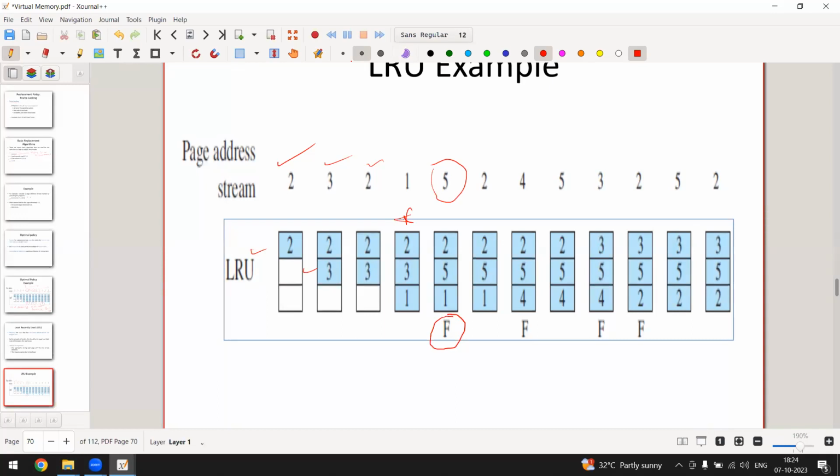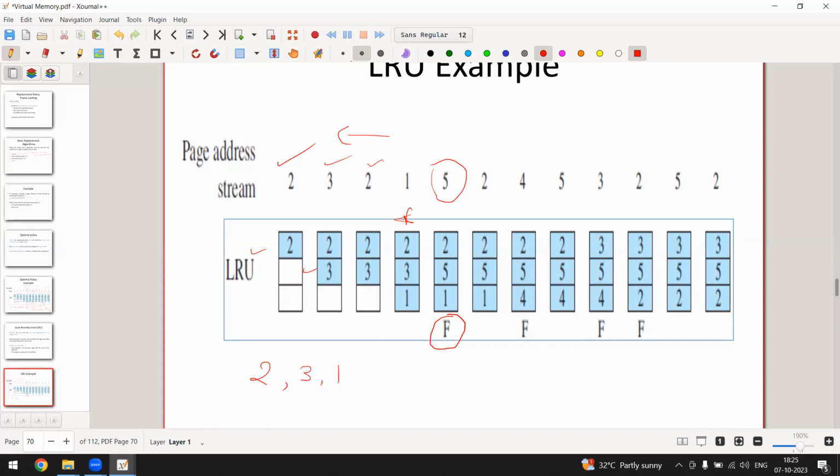Now I have to select between these three frames, 2, 3, and 1, which page I will swap out. For that, I have to look in the past. Instead of the future, you have to look in the past. 2 is very recently used, so you cannot swap it out. 3 is also recently used.